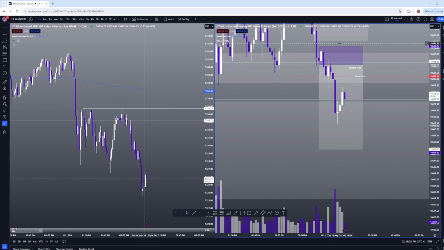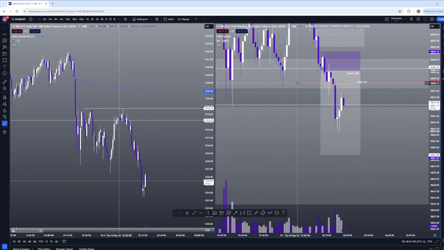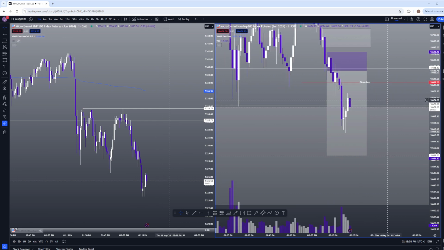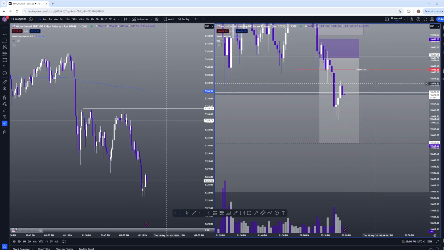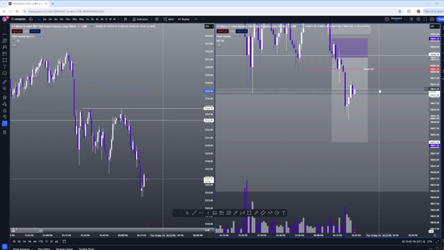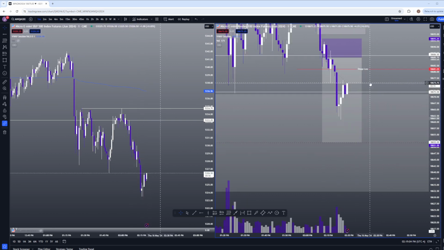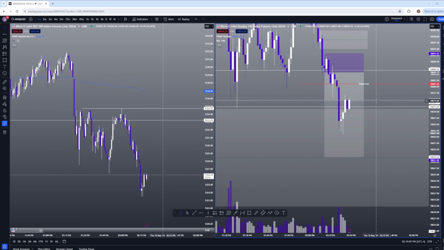So let's see. We're just kind of chilling in this 1 minute fair value gap. All right, there's still potential we could try to fill some more of that hourly, but it's not looking like it so far.